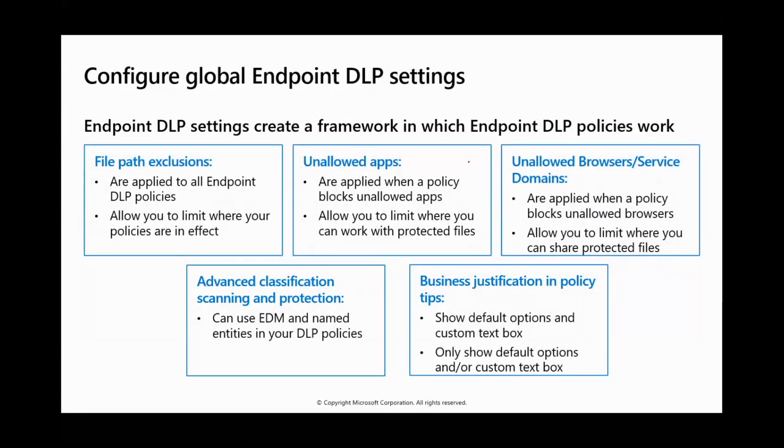For example, we can define file path exclusions, so we can configure a global setting that is applied to all the endpoint settings to exclude files for a path exclusion. It also allows us to limit where the policies are going to take effect, right?